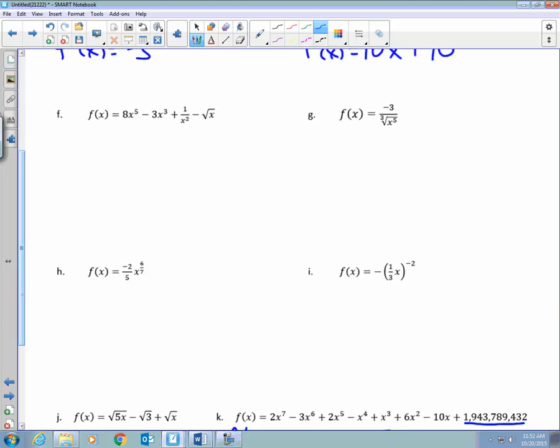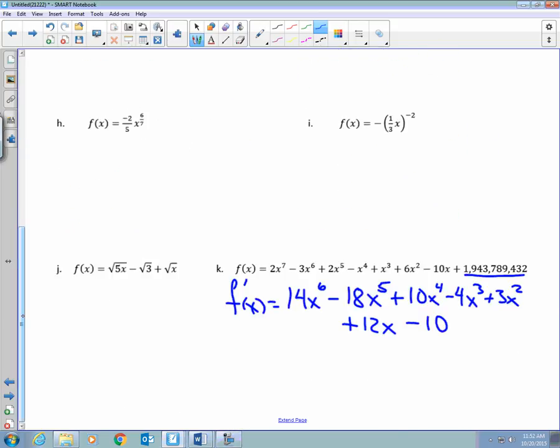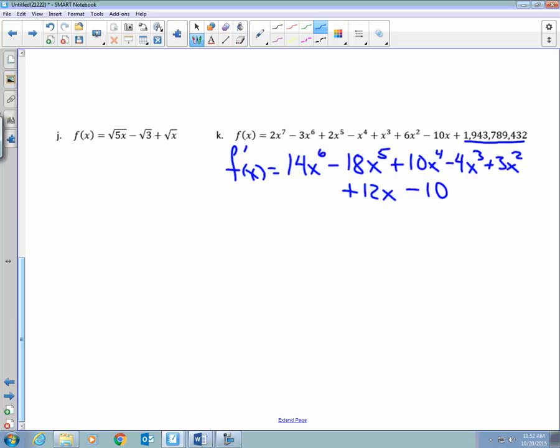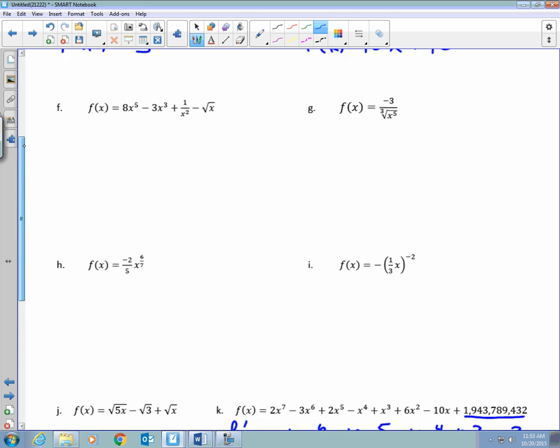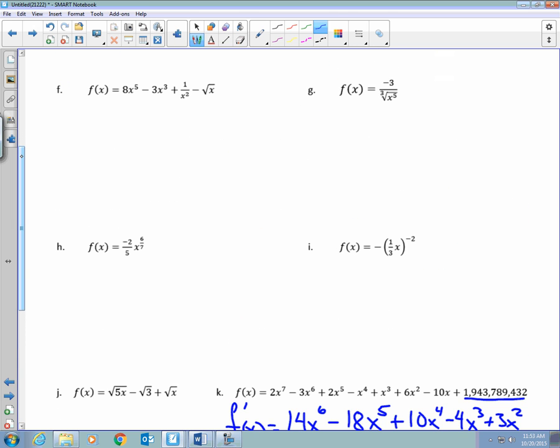Okay, let's try some. So it should connect with letter K right here. You guys should see that the derivative of this is that. All we're doing is taking the exponent, multiplying in front, and we're reducing the exponent by 1. That's all that's happening. So we're going to continue to practice that. We're going to practice with problems that are a little bit more challenging. So let's look at f.